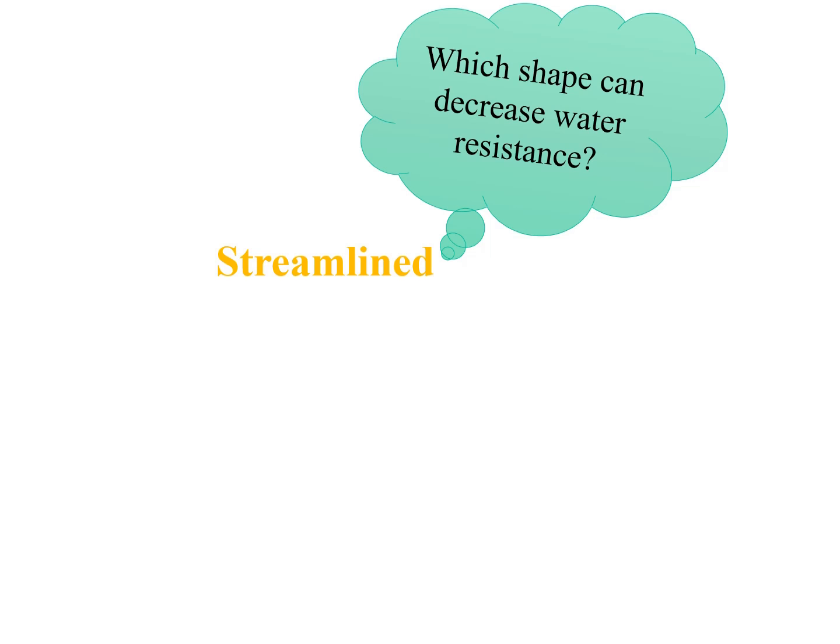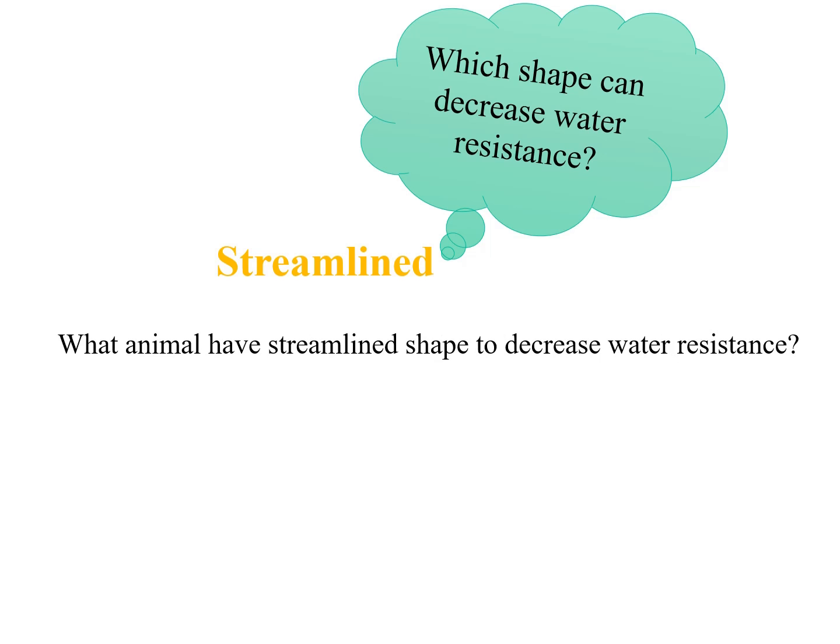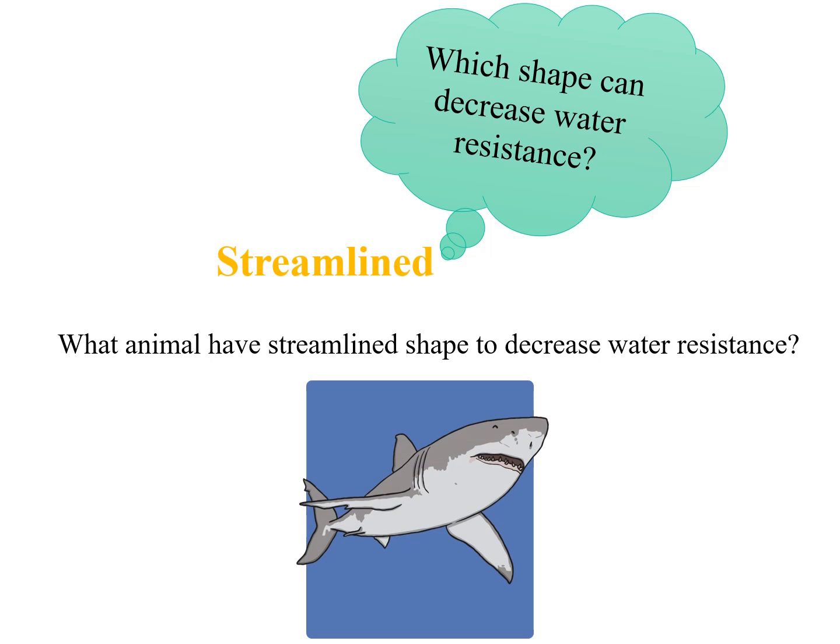Okay, see. Can you imagine and think of an animal that has a streamline shape to decrease water resistance? Yeah, many kinds of fishes, right? Okay, and this is a shark.